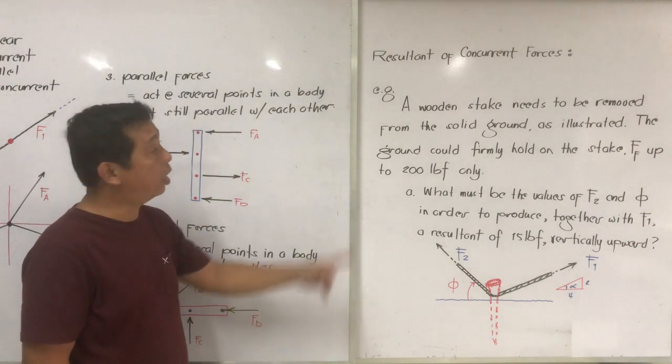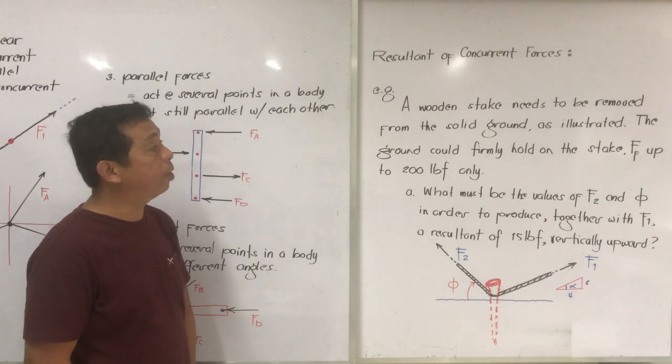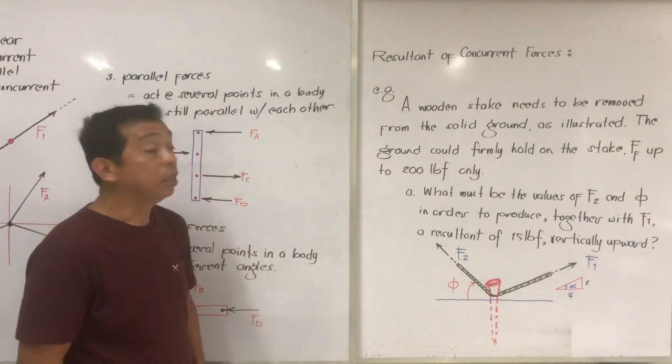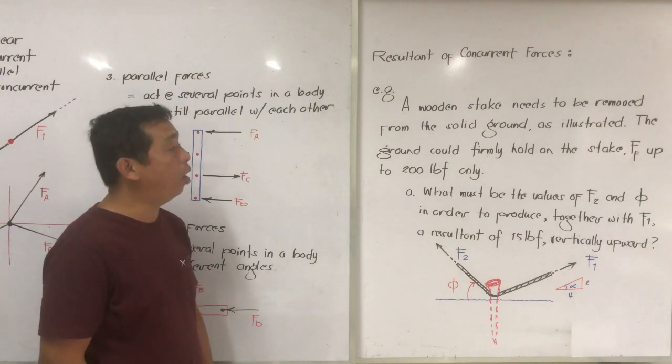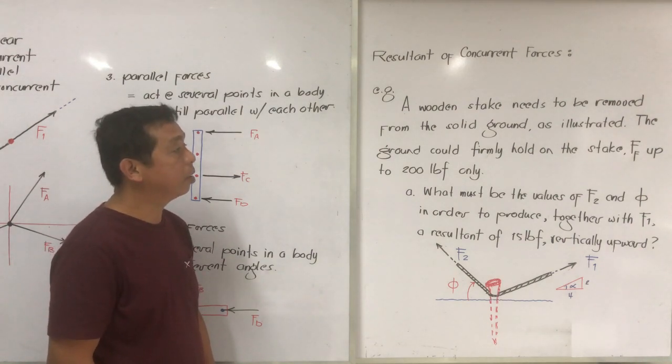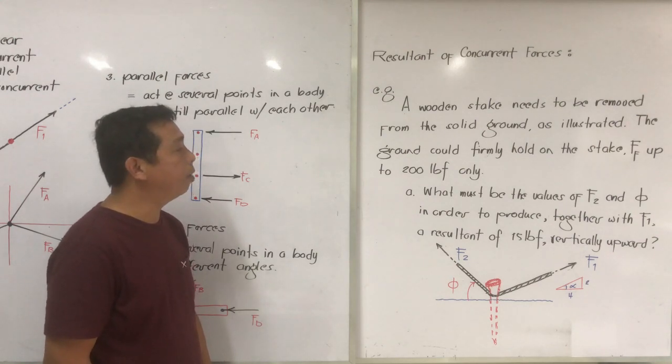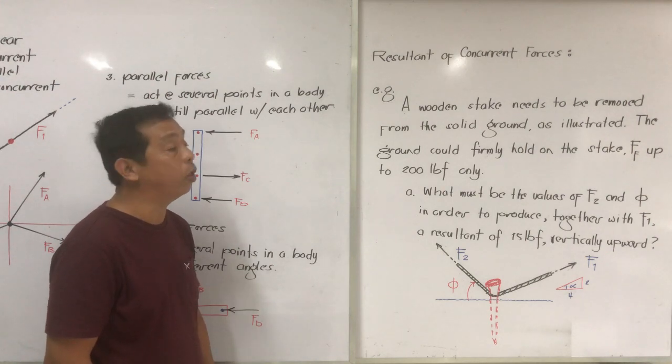A wooden stake needs to be removed from the solid ground as illustrated. The ground could firmly hold on the stake F sub F up to 200-pound force only.